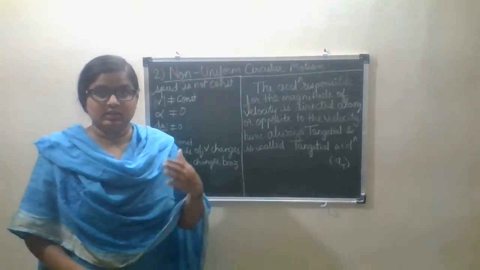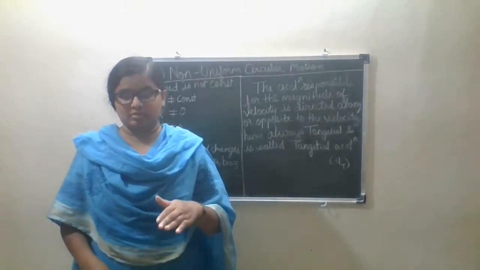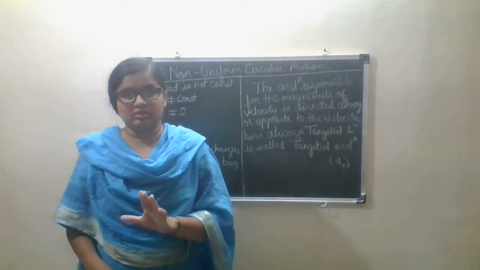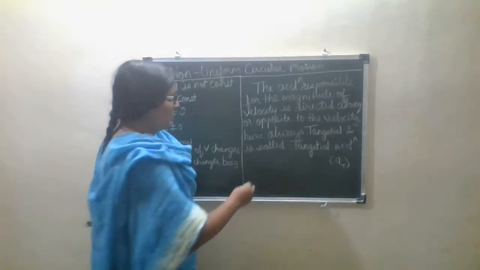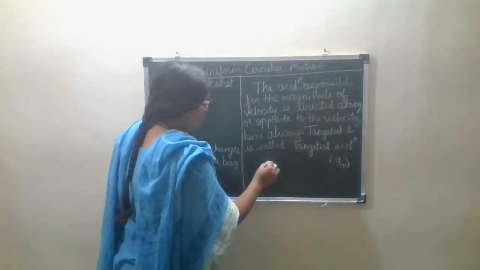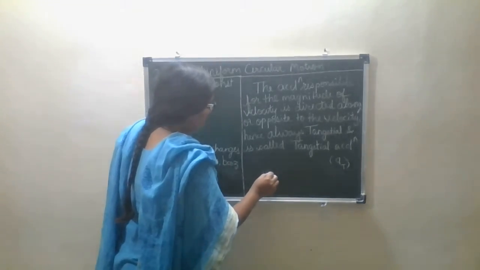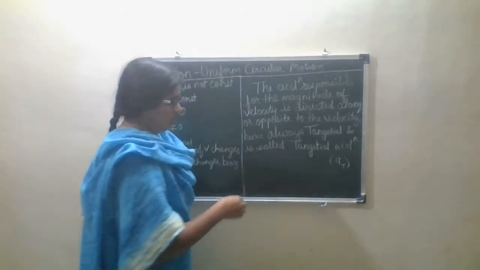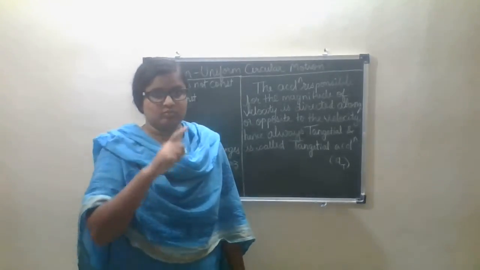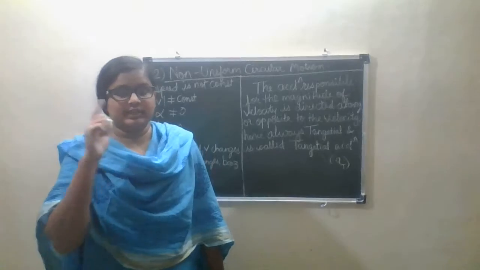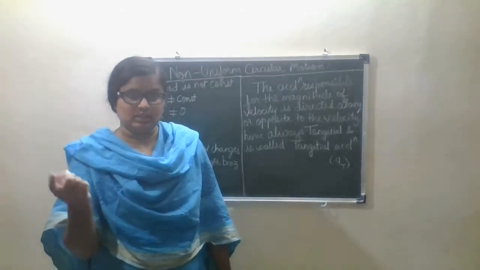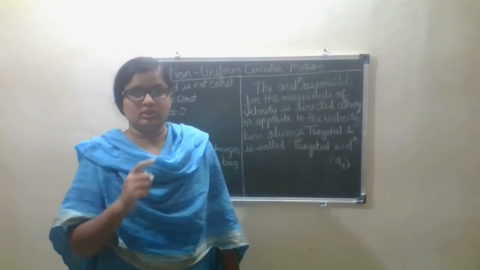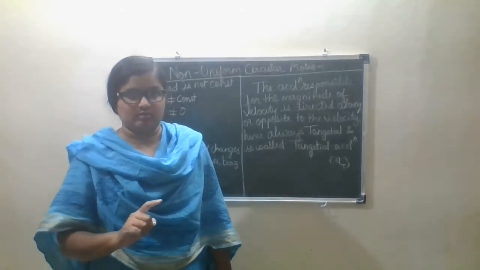And when it stops, then also it is in non-uniform circular motion. When it starts, it takes the speed slowly, slowly, and after we switch it off, it slowly stops.